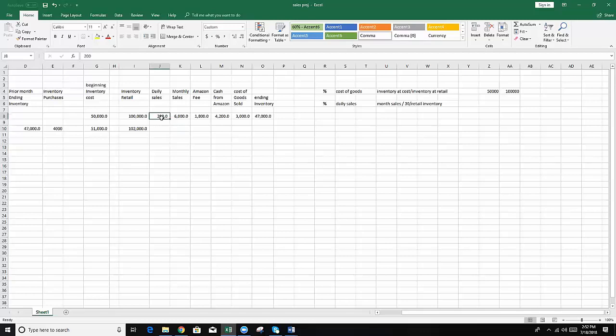What percentage do we use on your calculator? We're dividing this into this, so we're going to do 200 divided by 100,000. That comes out to 0.002.